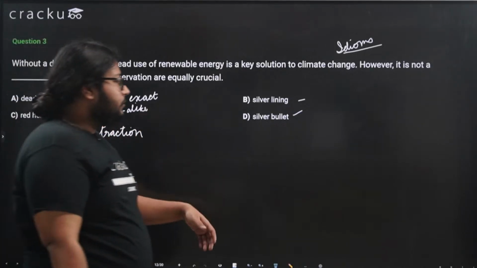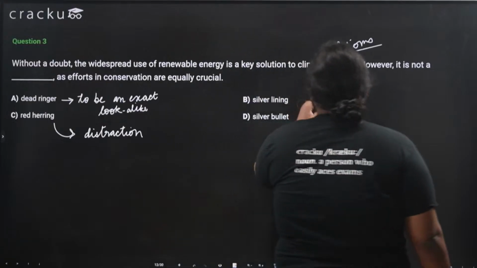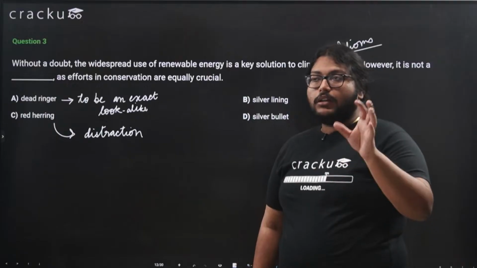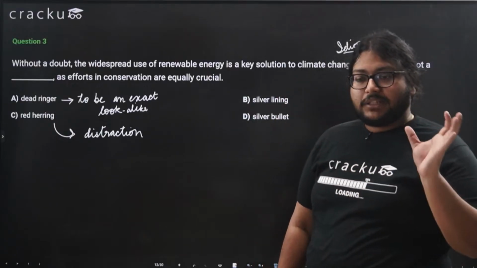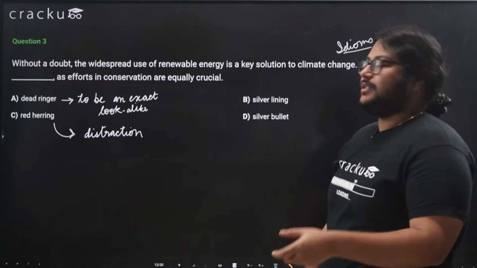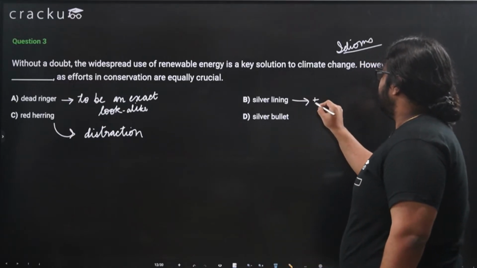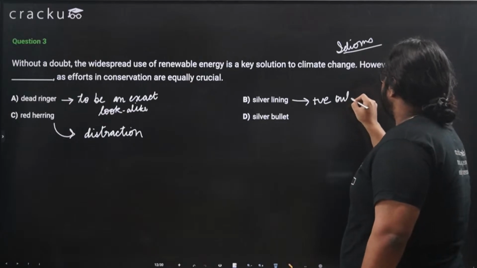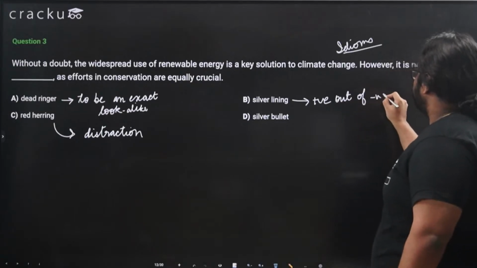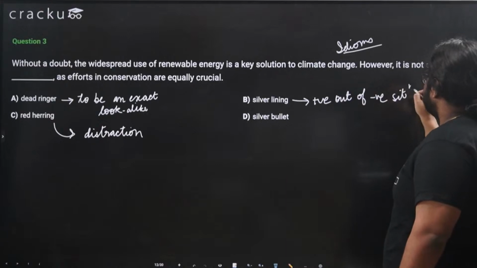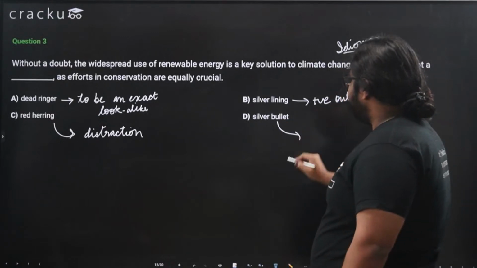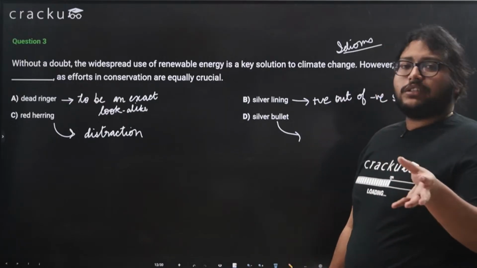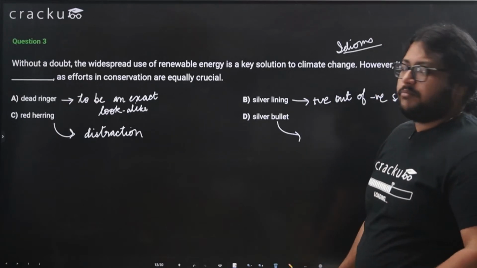Let's look at the other two. Silver lining means to expect a positive outcome from a negative situation, something positive coming out of a negative situation. And silver bullet means a simple solution to a rather complex problem.